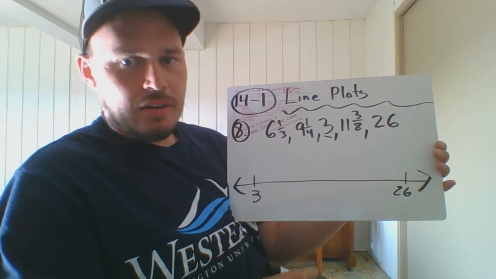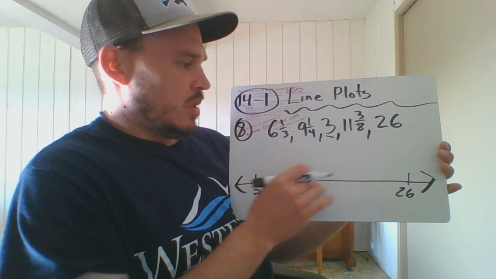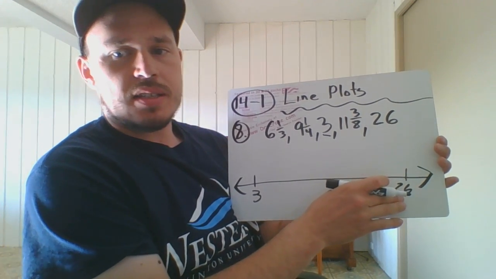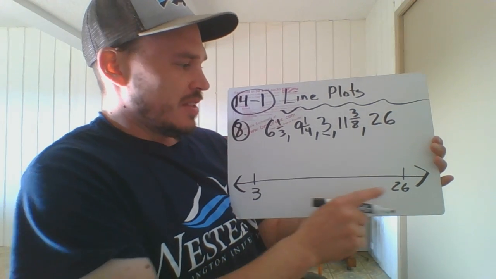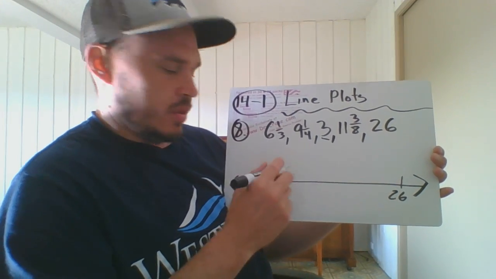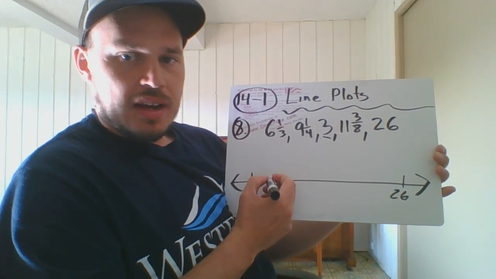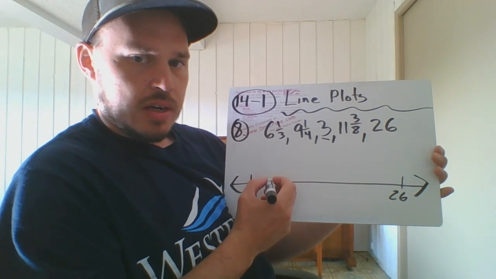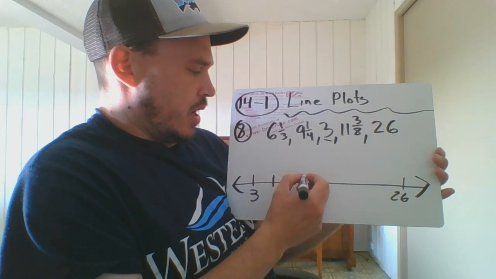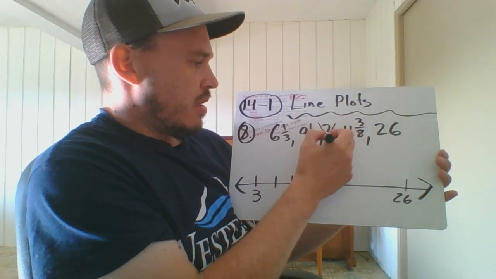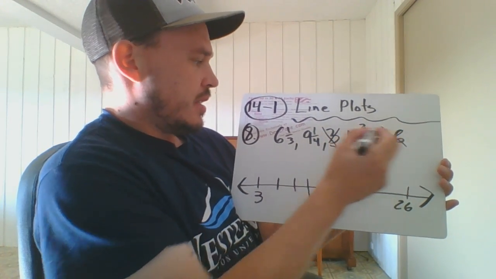Now, if we were counting, we wouldn't just evenly space all these, because 26, 3 times 9 is 27. That number is almost 9 times greater. So the rest of my data is going to be bunched up down here on this end. I'll put a mark here, and a mark here. So I've done the 3, I've done the 26.